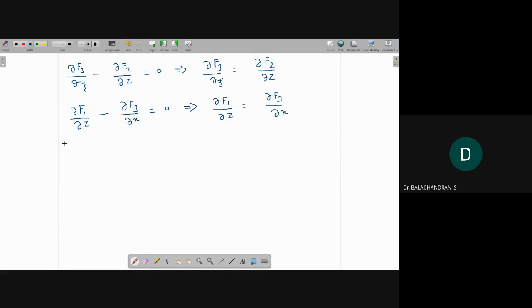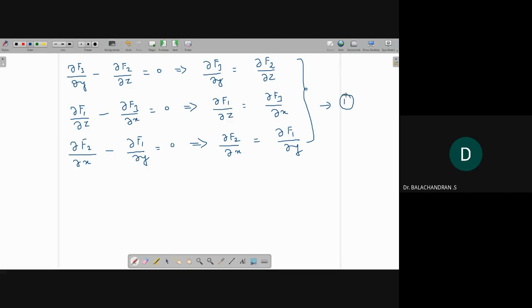Next, the third one: dou f2 by dou x minus dou f1 by dou y equal to 0. This implies dou f2 by dou x equals dou f1 by dou y. I call these three together equation 1.